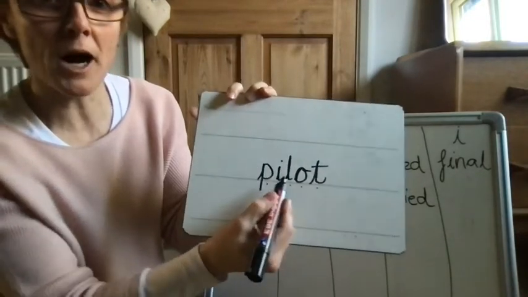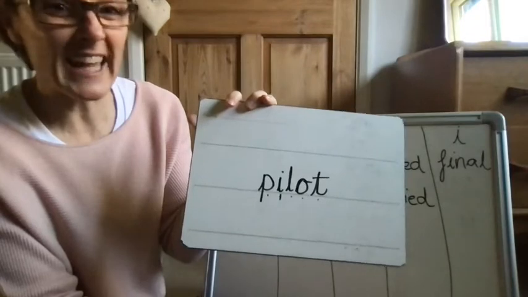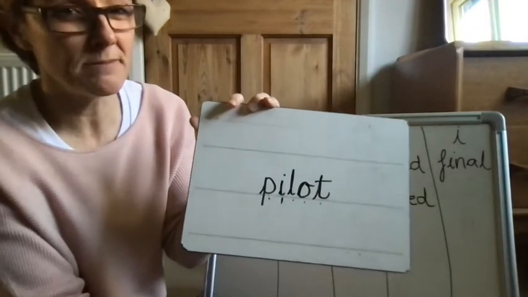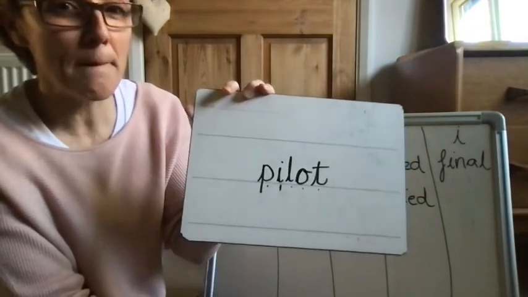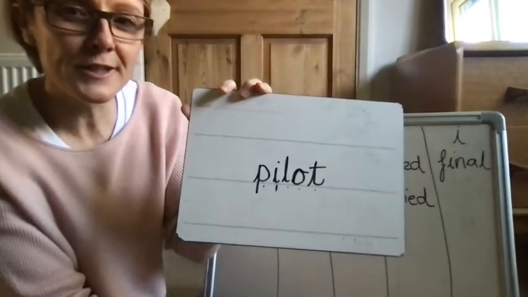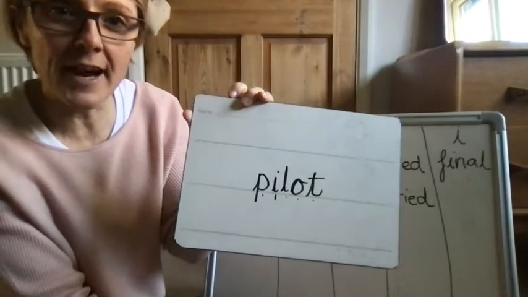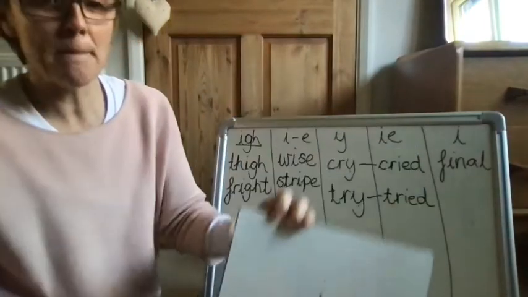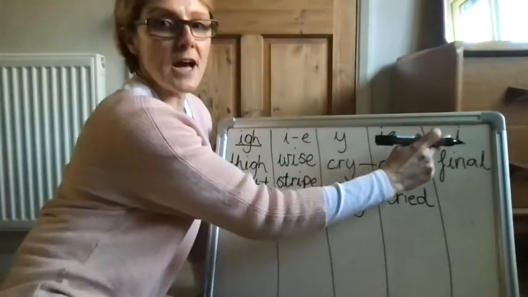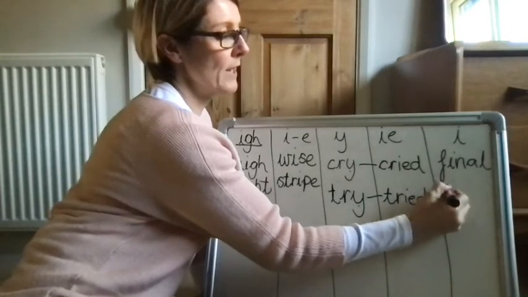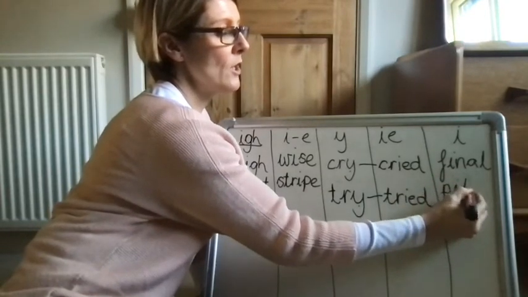Pilot. And again, that end of the word is a little bit tricky. Do you think you can work out what that word is? Pilot. Like a person who drives or flies an aeroplane. A pilot. Again, under this I, can you write pilot?